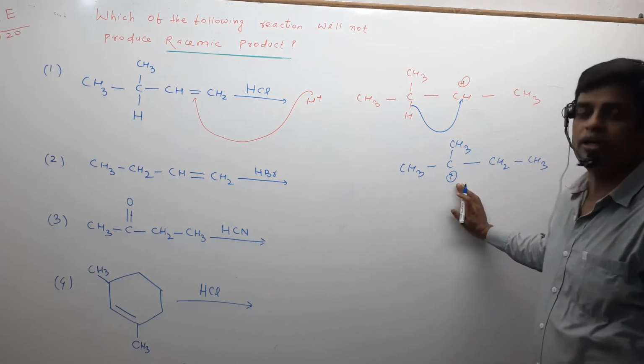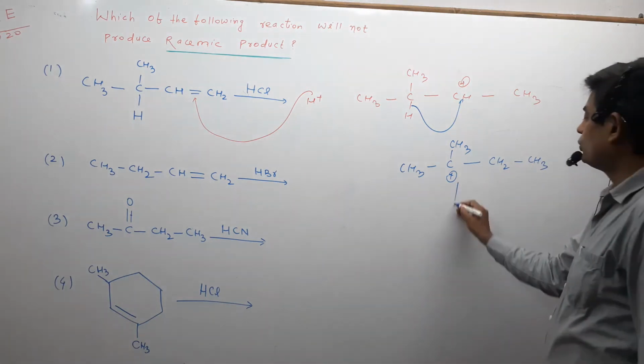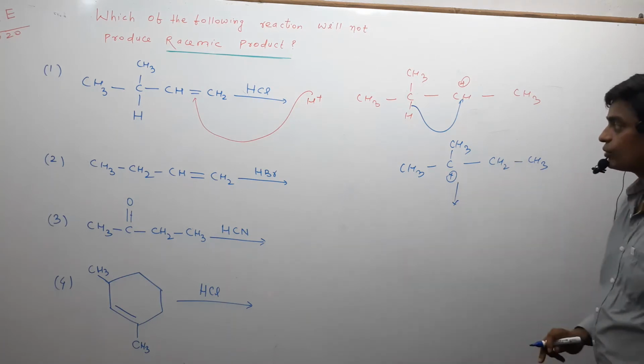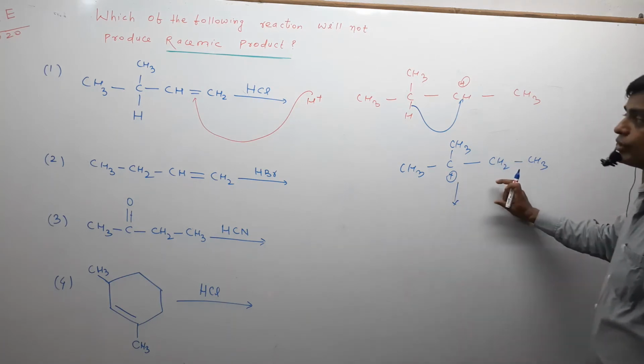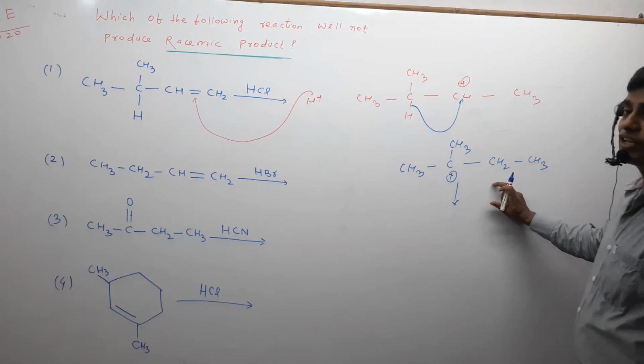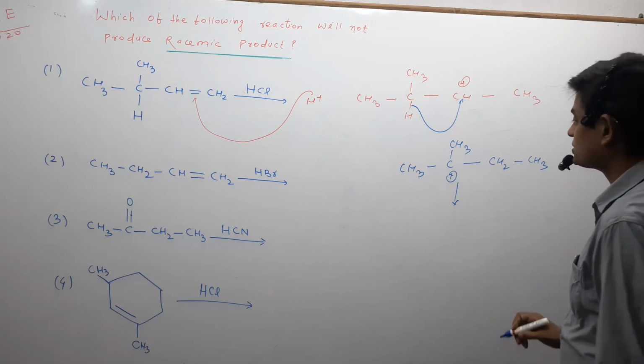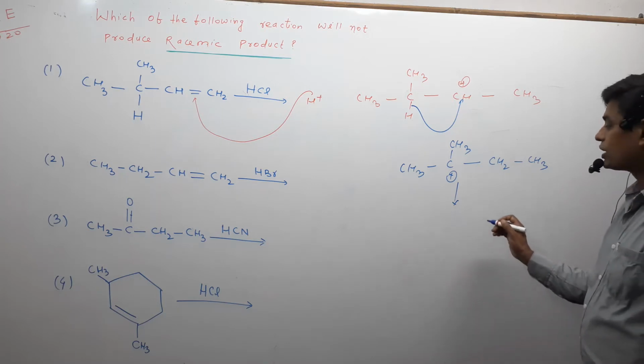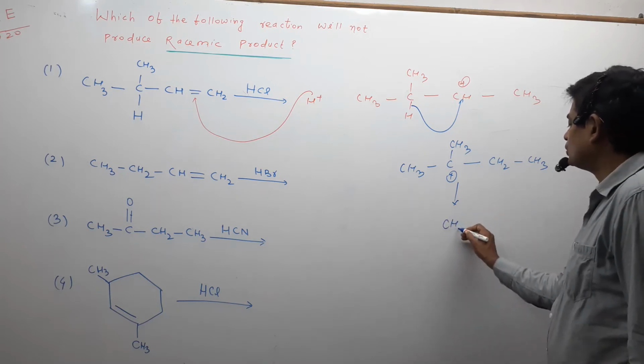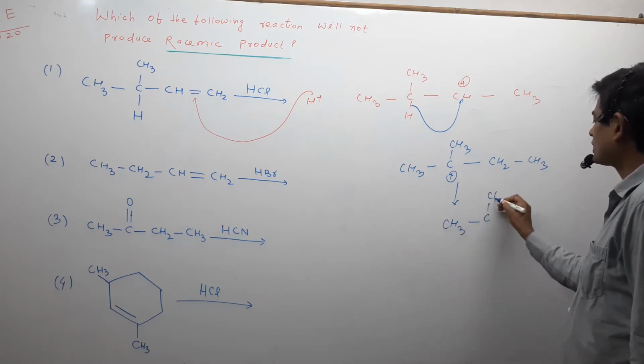Now this is a stable carbocation, so the product will form according to this carbocation, and this reaction will go by an SN1 reaction. This is a more than one step reaction, as we know for SN1, so it will form a product like this.